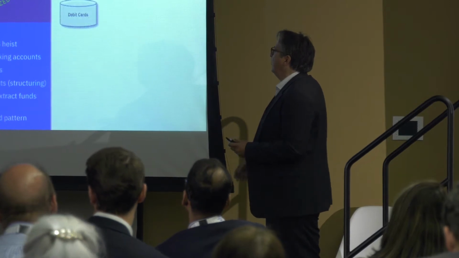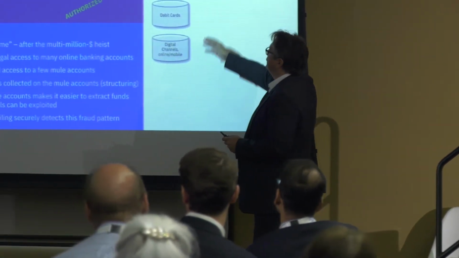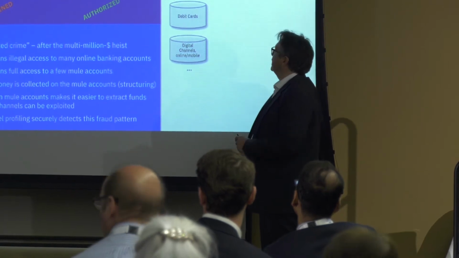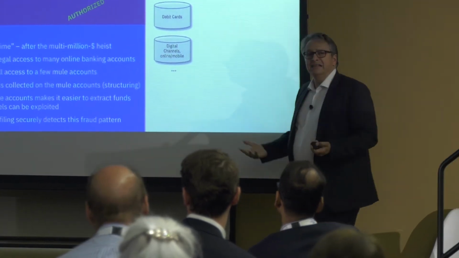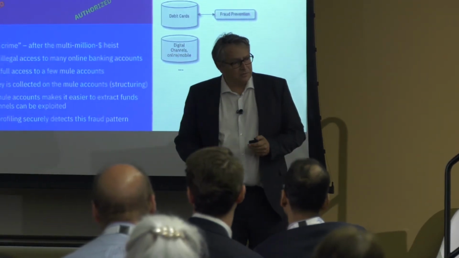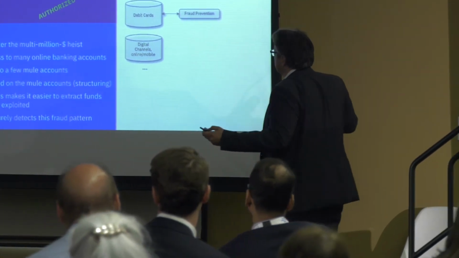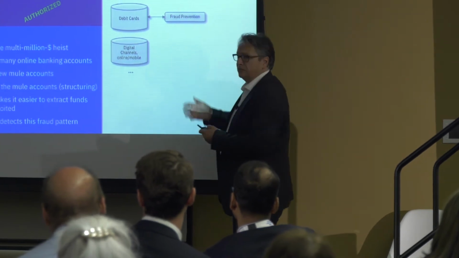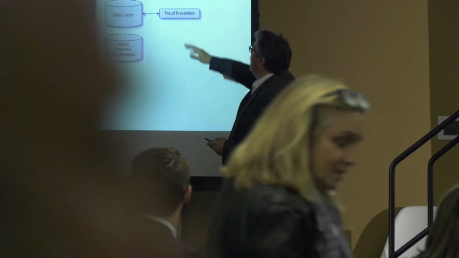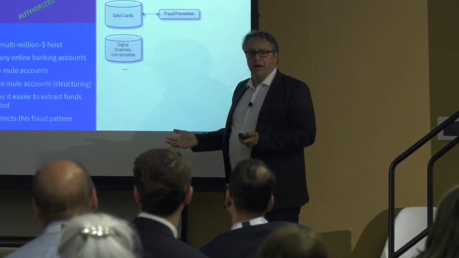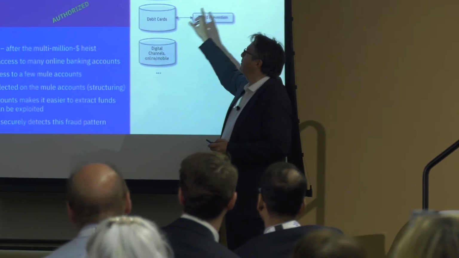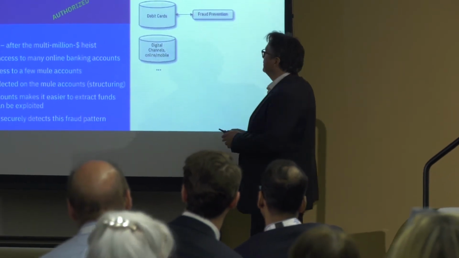So typically, our customers have established lines of business. These could be credit card, debit cards, or it could be digital channels. And as fraud hit these payment instruments, they have deployed fraud prevention systems. And they're usually different ones because that was done at different times and different solutions were better. Sometimes they exchange alerts, but they definitely, in the rarest cases, do fully profile transactions from the other channels.